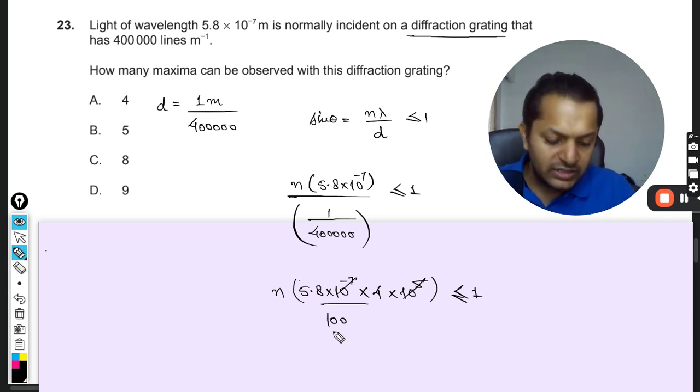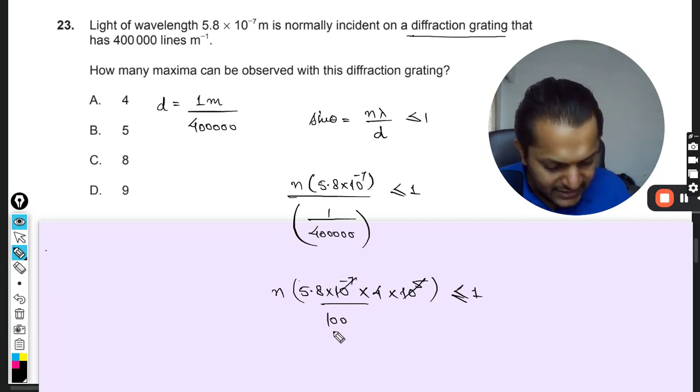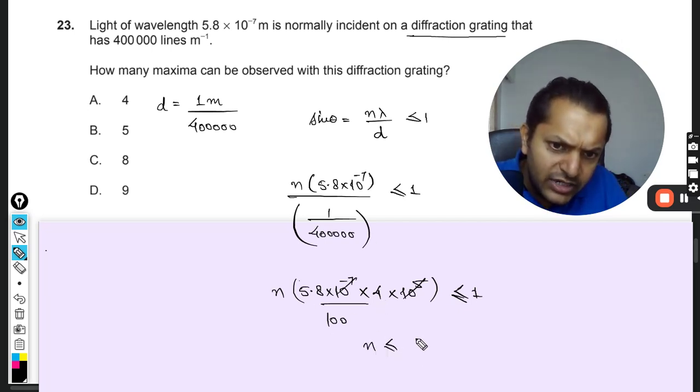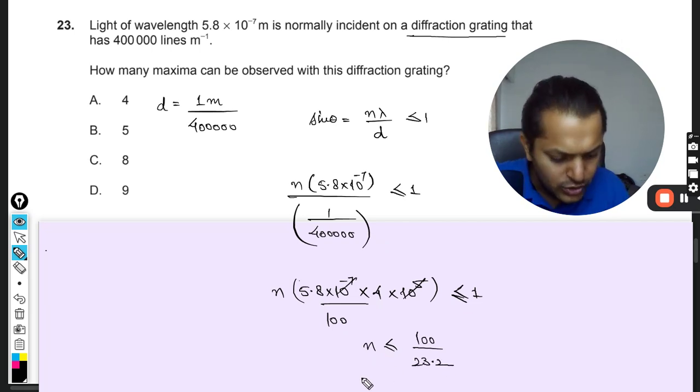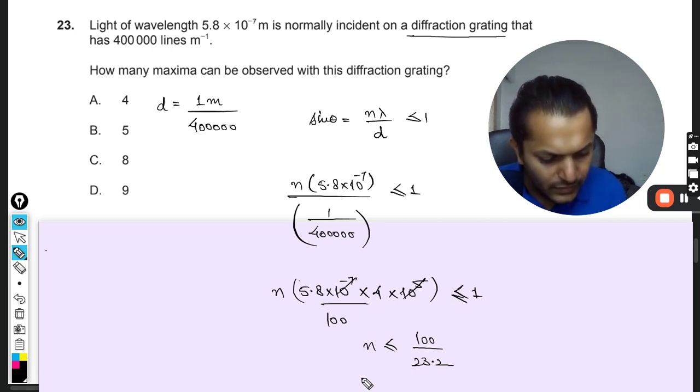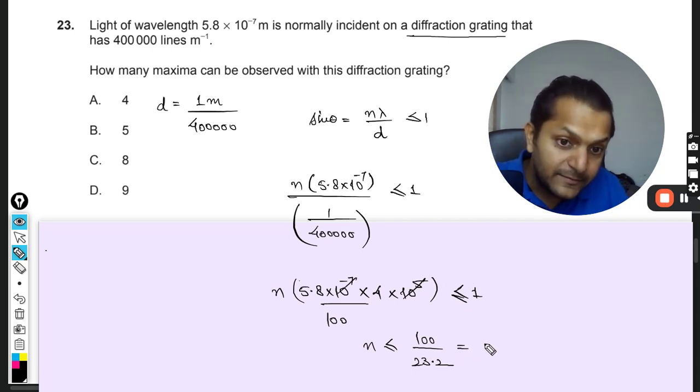But what is 4 multiplied by 5.8? It will be 23.2. So n value can be written as less than 100 divided by 23.2, which gives you the value of 4.3.